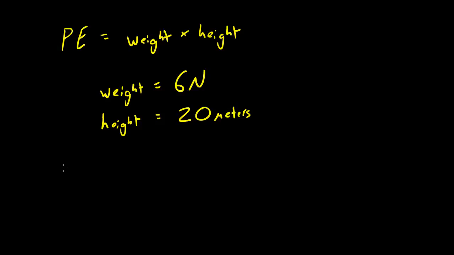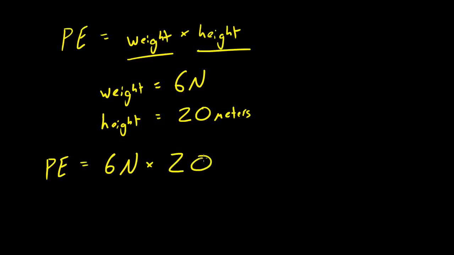So now, let's get back on track here, we want to calculate how much potential energy, or how much energy, is stored in that apple. So what we do is we take the weight of the apple, which is 6 newtons, and we multiply it by how high off the ground the apple was, which is 20 meters. And of course, you guys can probably do this, but we end up with 120 newton-meters.